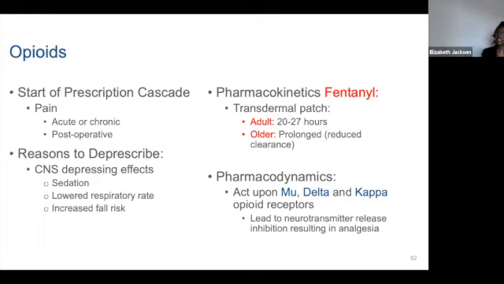The reasons to deprescribe this drug would be CNS depressing effects, sedation, lowered respiratory rate, increased risk of fall. So again, this is a drug that should be narrowly tailored for the patient and monitored. The next slide, please.